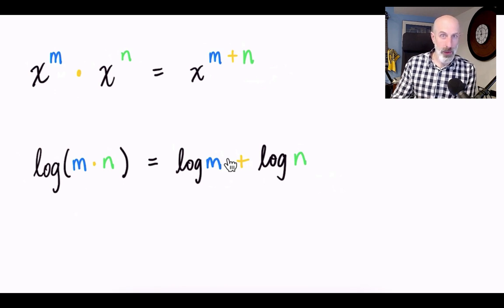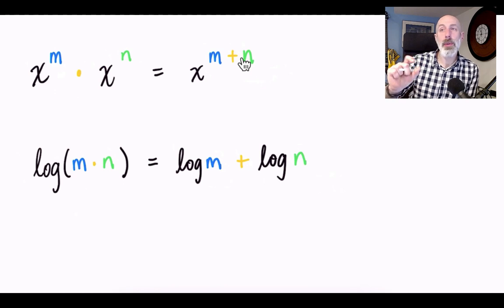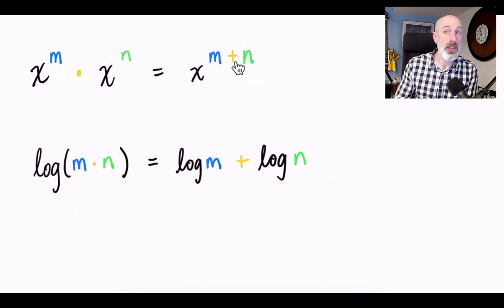So what we have going on, and why we're comparing these, is here we have multiplication sort of becoming addition. It's not becoming addition, but through the use of this property, we're able to take a multiplication problem and use addition to help us.